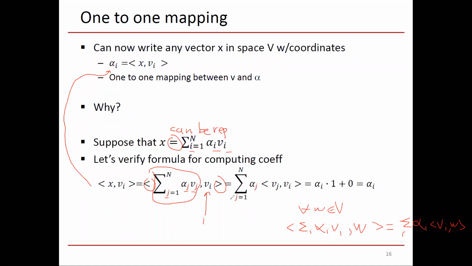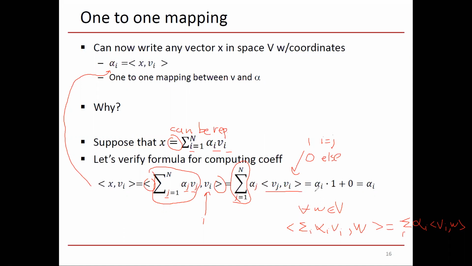So we can now write that we have a summation of j going from 1 to capital N, alpha j times the inner product between Vj and Vi. Now recall that the inner product between Vj and Vi is either 1 or 0, 1 when i equals j, 0 else.